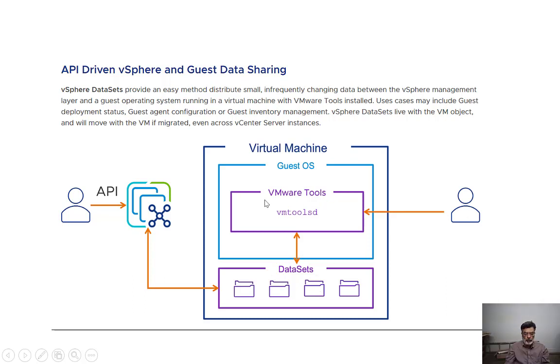Previously we had only VMware tool, but now we have two sets of tools. One is called VMware tool and the other is called dataset. The responsibility of dataset is to take the information of the inventory of the guest operating system. So these are some of the major features available in VMware vSphere 8.